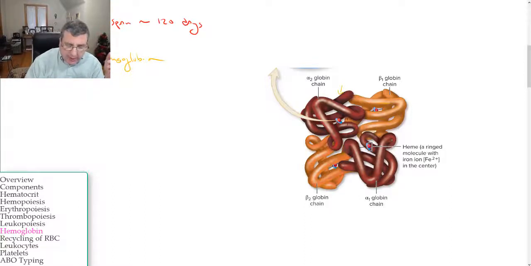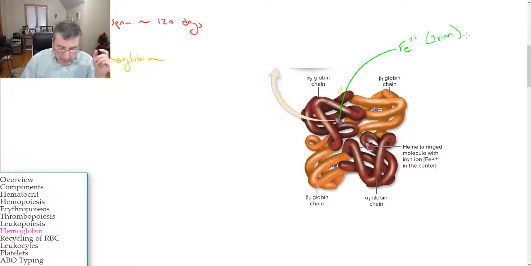The red dot in the center, let me change the color so we can actually see this, is actually iron. Let me write that out, in case you haven't had chemistry. That's Fe. The iron is in the very center, and that is what oxygen binds with. So oxygen binds with the iron molecule itself.